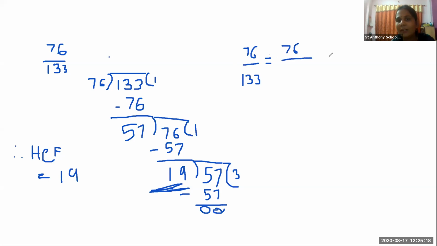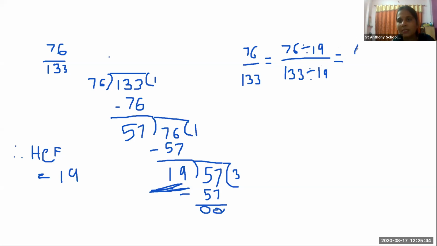For that, I will require the help of what? I will require the help of my HCF. Okay. Now I divide this 76 by 19. Okay. And again I divide this 133 by 19. So which answer I will get? If I divide 76 by 19 then? Okay. Which answer I will get?